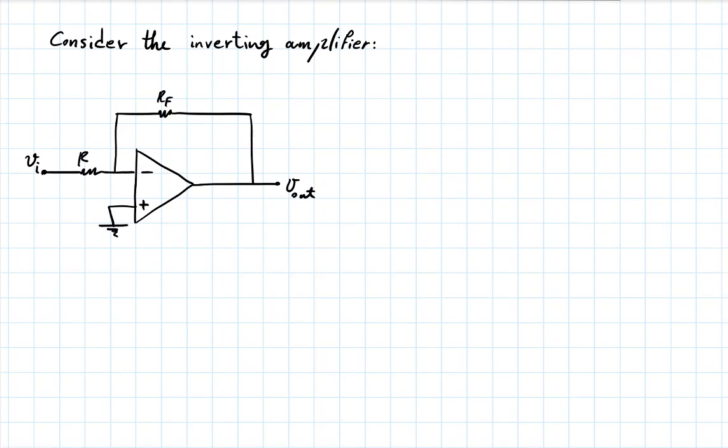And remember that for an ideal op-amp, the open loop gain of the op-amp was infinity. The input resistance was infinity, and the output resistance was 0. That means that the two input terminals of the op-amp do not take in any current. The output terminal can provide any current.